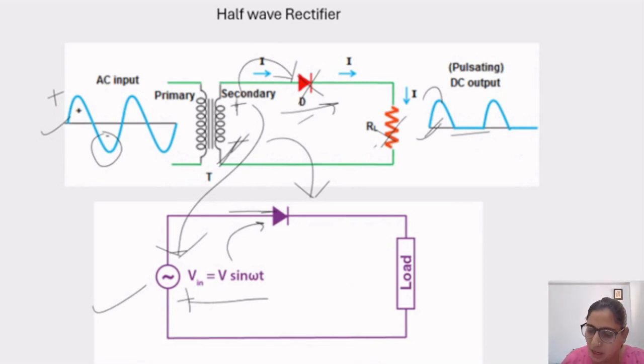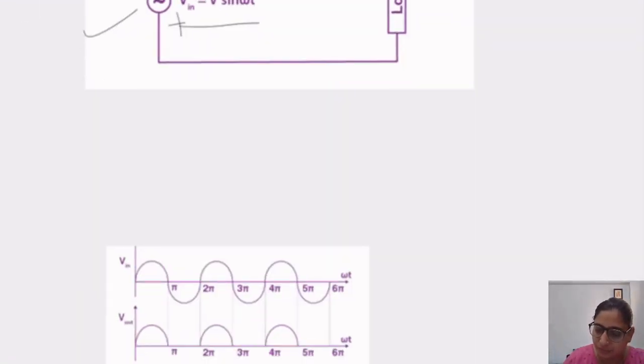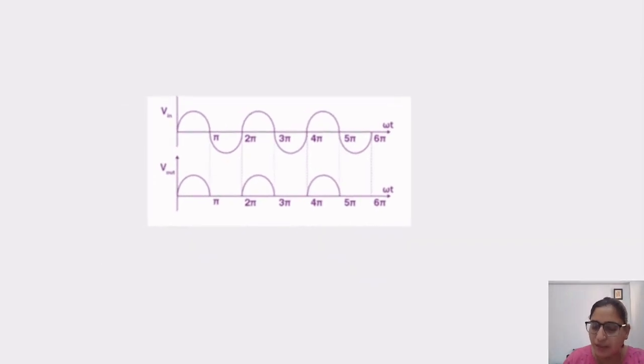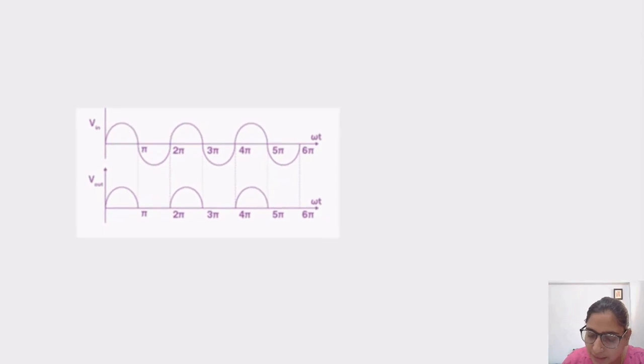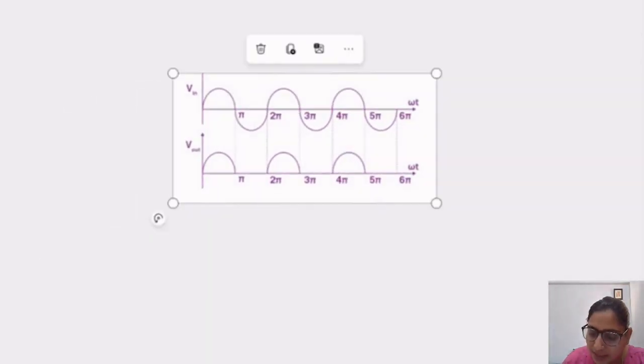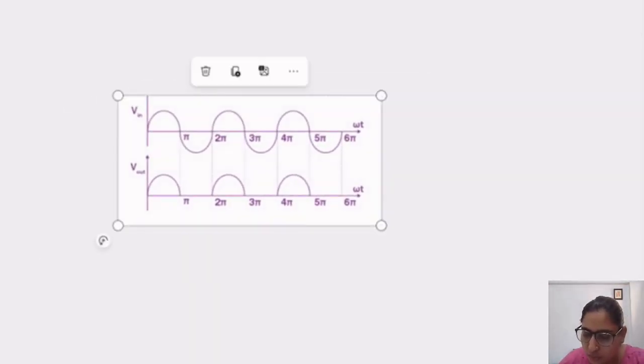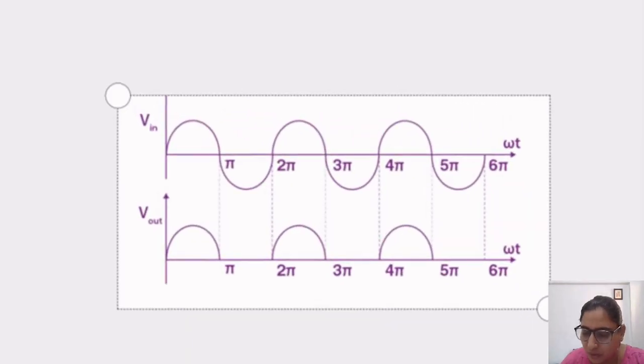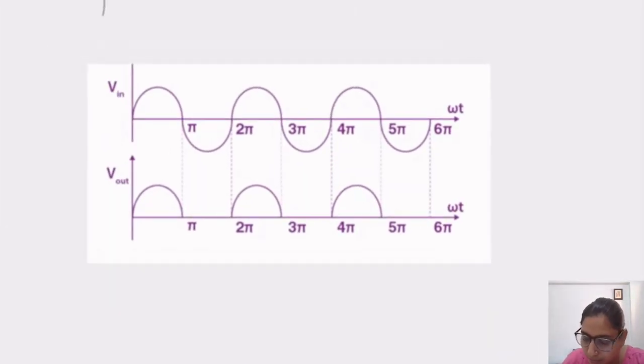Now let us see the output once again. So this is the output figure we are getting from the half wave rectification process. Here we can see that one cycle is between 0 to 2 pi. Okay. So this is our output picture.